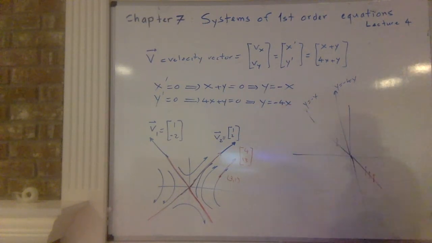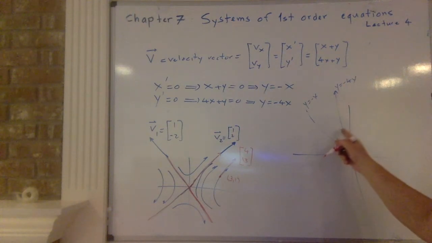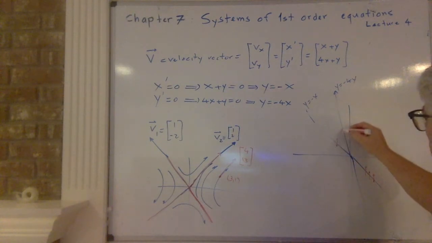What about this one? Sorry, let me see which one. That is when y prime is 0, so the trajectories go like this.